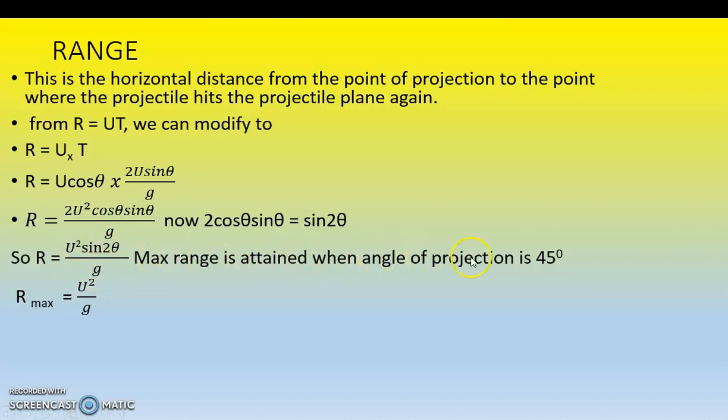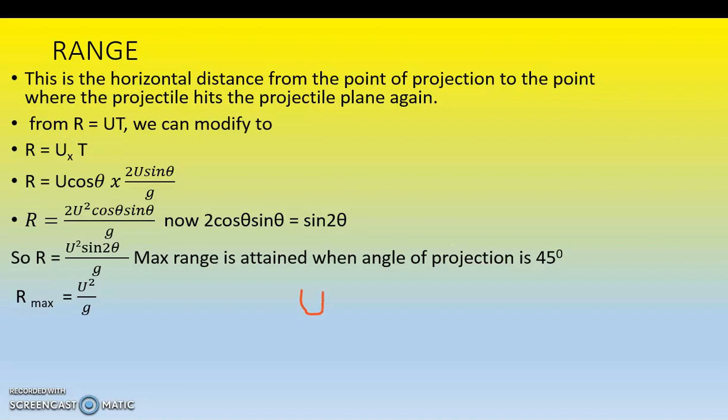Maximum range is attained when the angle of projection is 45 degrees. Please, that is an important fact to note in physics, that to attain the maximum range, the angle of projection must be 45. Why 45? Let's check it out.